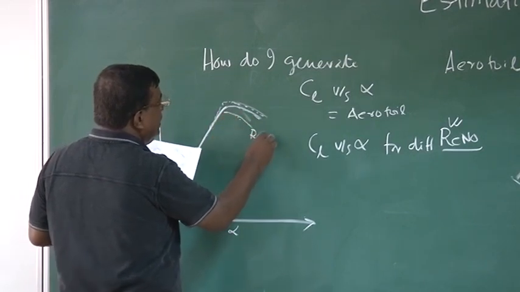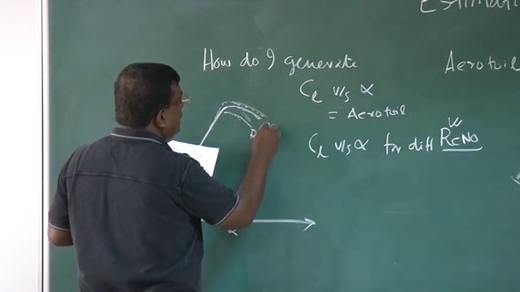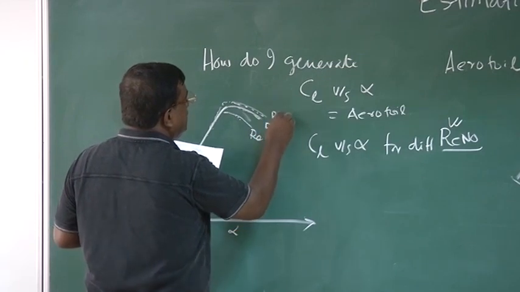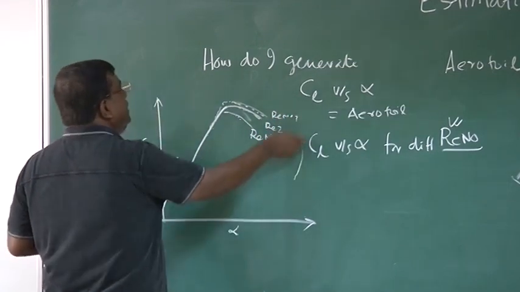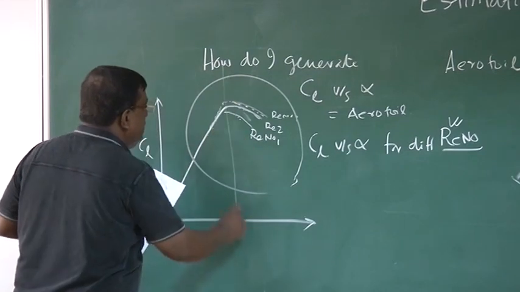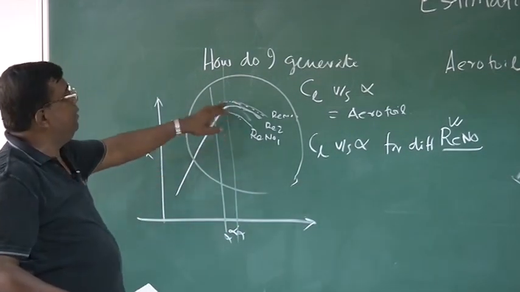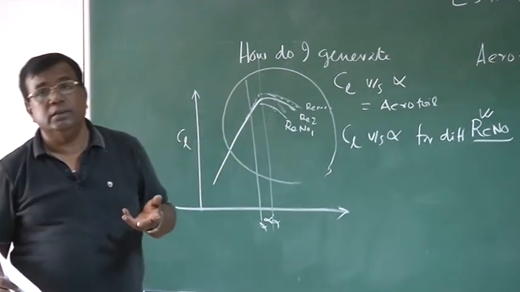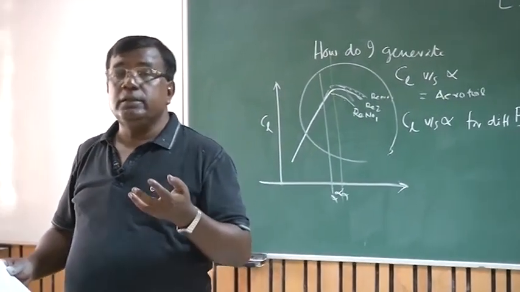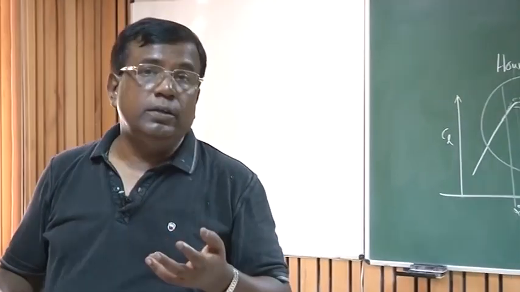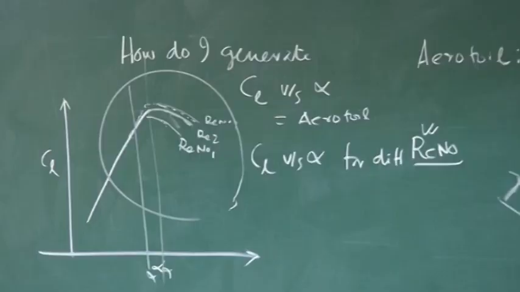And here, for different Reynolds number 1, Reynolds number 2, Reynolds number 3, you will find same alpha, okay, same alpha, but depending upon Reynolds number, the CL value will go on changing. Correct? So this is very, very important to capture and make your understanding very clear.